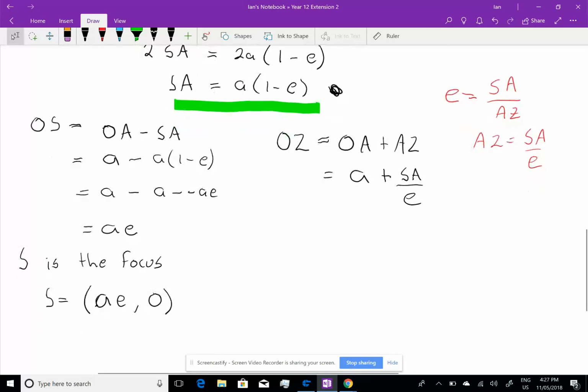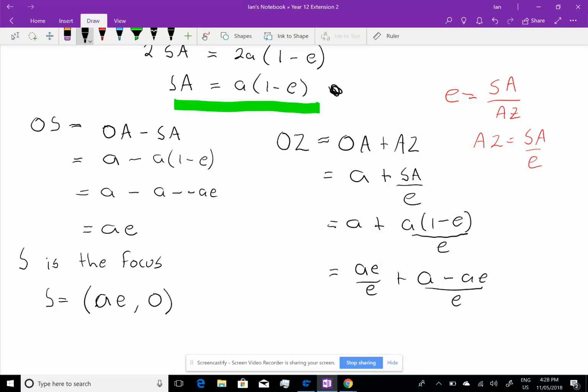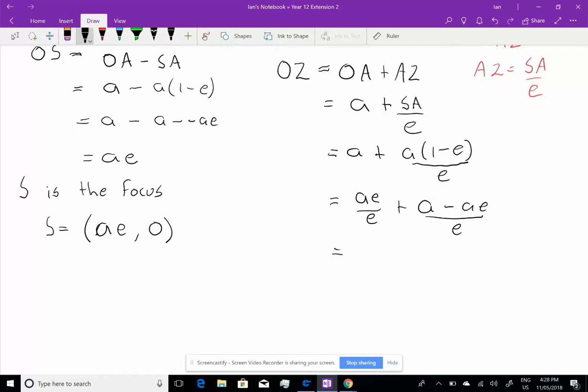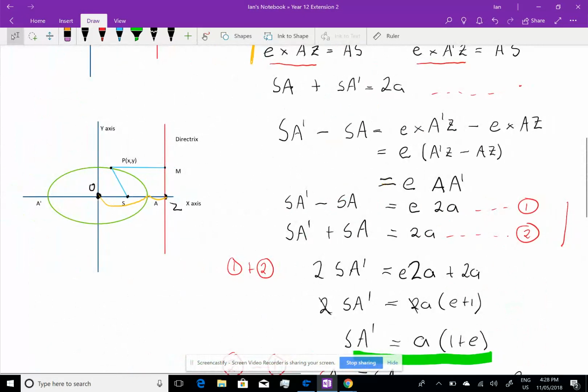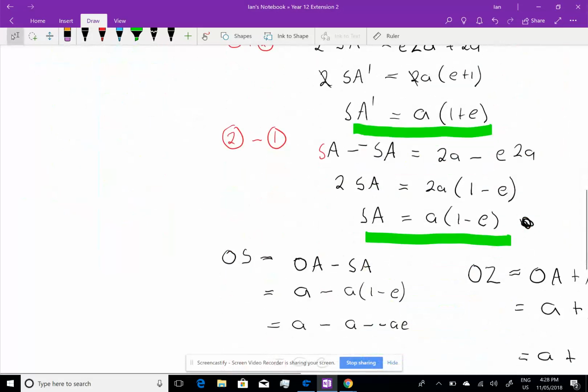So we get A plus A, 1 minus E on E. Equals, we'll get a common denominator, AE on E, plus A minus AE on E. Well, the AE's will go, leaving me with A on E. Now, if OZ, remember O is the origin, if OZ is A on E, that gives us the equation of the directrix.